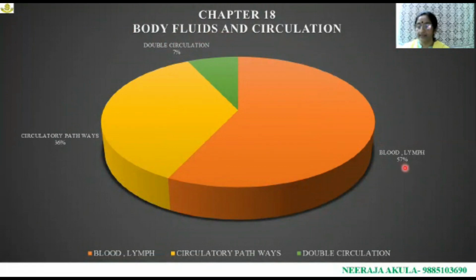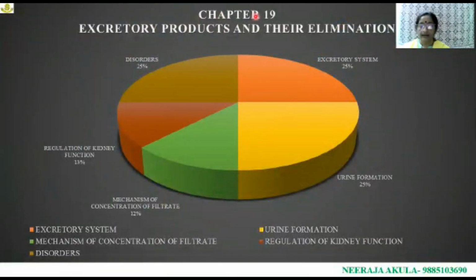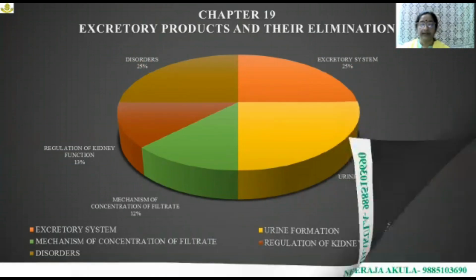More bits came from blood and lymph. Chapter 19, excretory products and their elimination. Equal contribution of bits came from these three areas: the excretory system, urine formation, and also disorders.